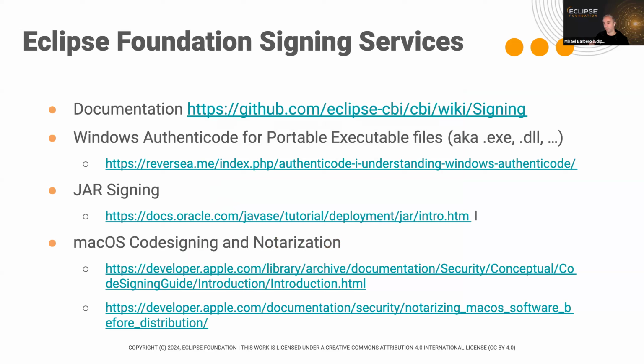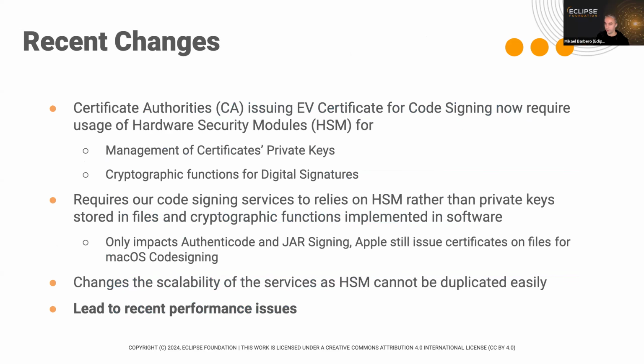The JVM builds, the Java distributions, all include the same kind of cert file as the one that Windows uses to verify the binaries. And finally, the macOS code signing and notarization service. But this service uses a different kind of certificate that is issued only by Apple. So we don't buy it from DigiCert or any other certificate authority.